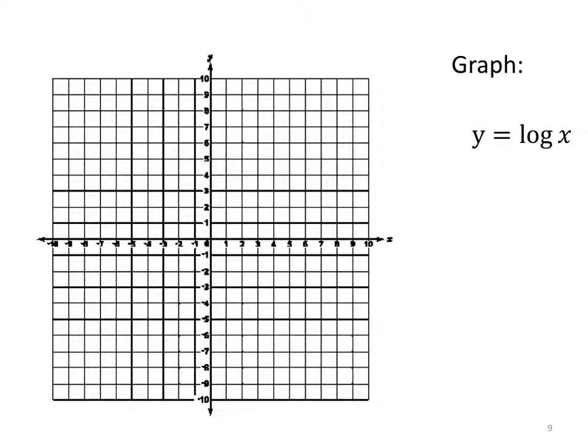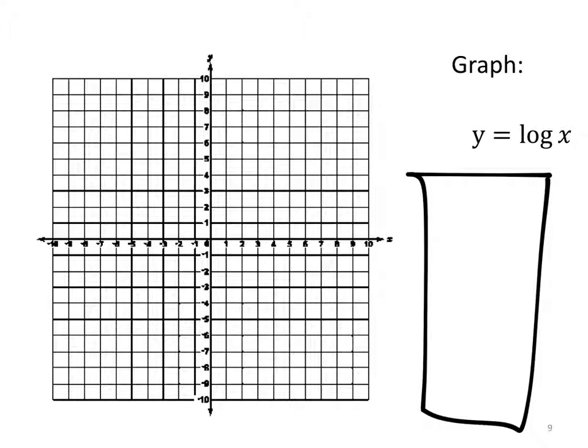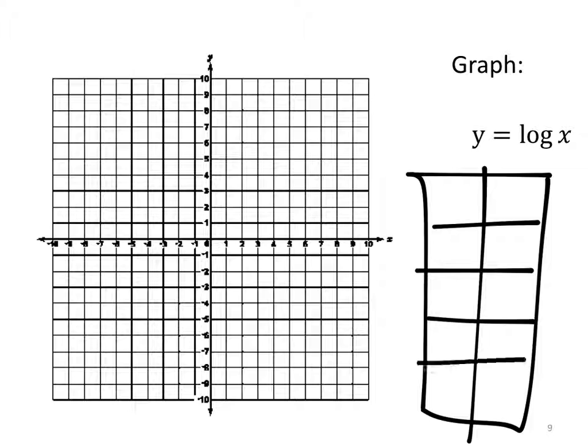So let's make a table for this. Ourselves a few values, x and y, and we can choose whatever we want on this one. Let's say x is 1, just for the heck of it. Log of 1 is 0, so that gives me this point 1, 0, right there. What about if I did the log of 2?